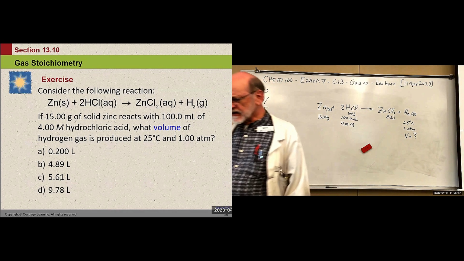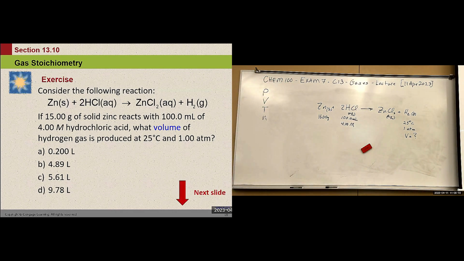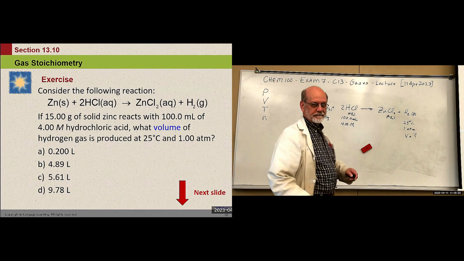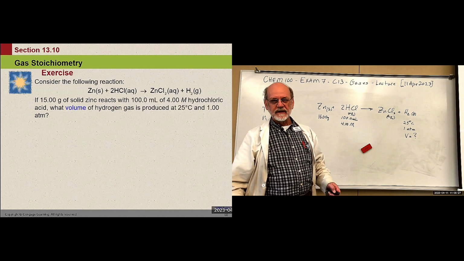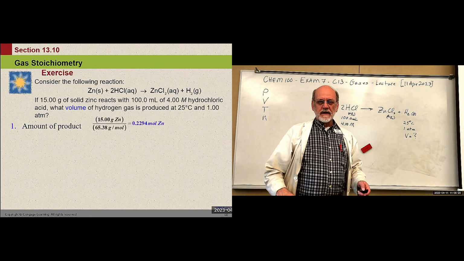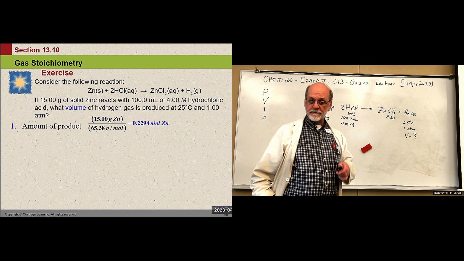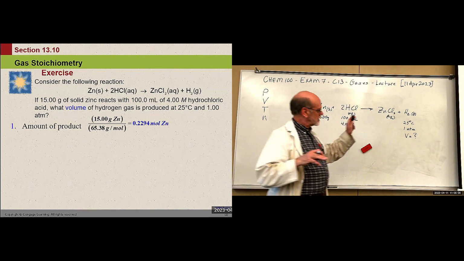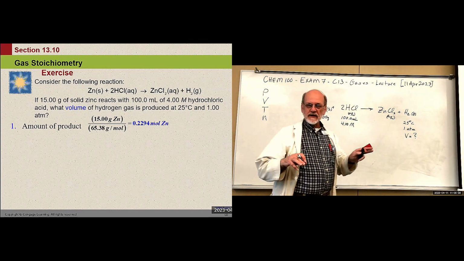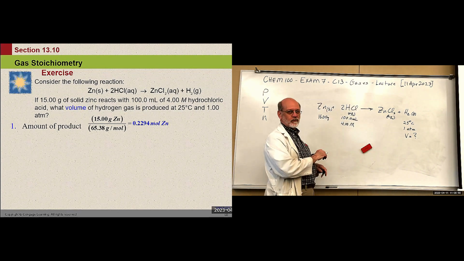So let's see, do I need to work the problem out? No, I don't. Go to the next slide. Okay, I've got it animated. So we need to find out how much hydrogen is produced. We know that we've got 0.2294 moles of zinc.